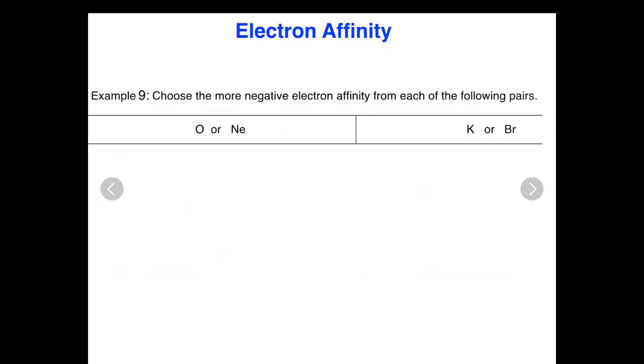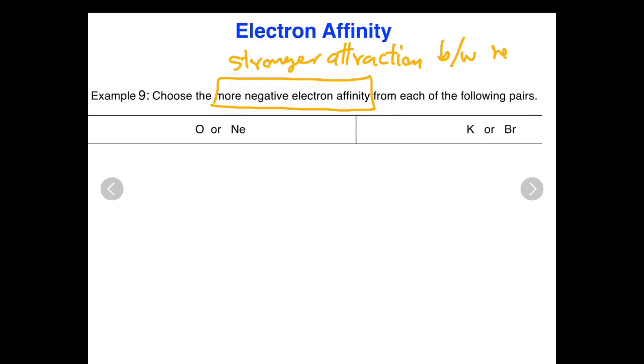We are going to look at more negative electron affinity, which means, oops, sorry, let me do this first. More negative electron affinity is going to indicate a stronger attraction between the nucleus and the added electron.